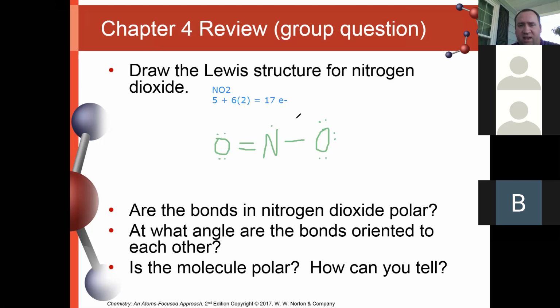Now, which one gets left deficient? That goes to the one that's the least electronegative, and the least electronegative here would be the nitrogen as compared to the oxygen. There is a resonance structure here. That double bond can be on the other oxygen just as likely as it is on the first oxygen. But the nitrogen is going to stay in that state.